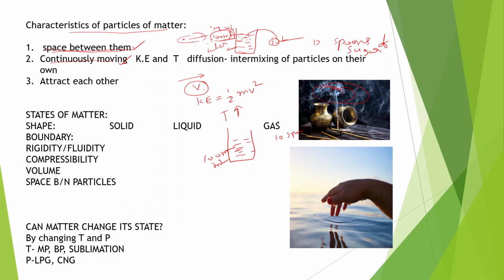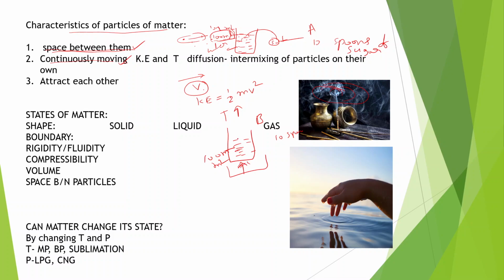And if it is done by student A and student B, student A is adding 10 spoons of sugar directly into this glass of water having 100 ml, and the second student B, who is intelligent, is mixing 10 spoons of sugar into it by putting this glass on a stove using a burner.